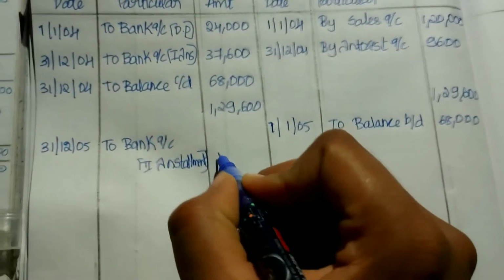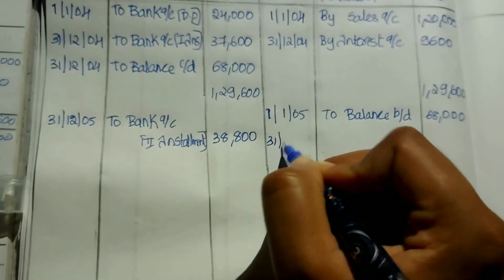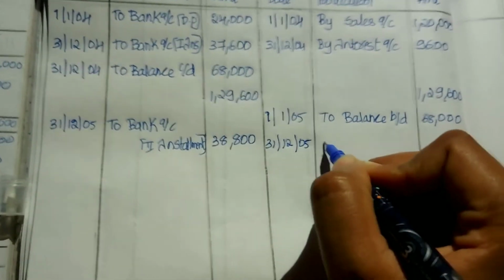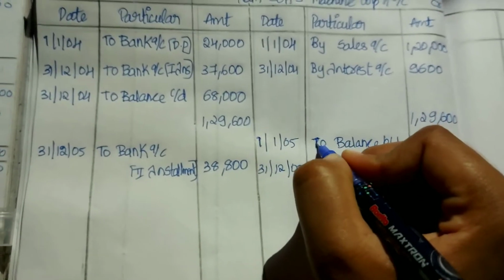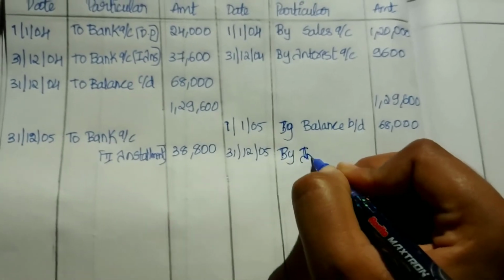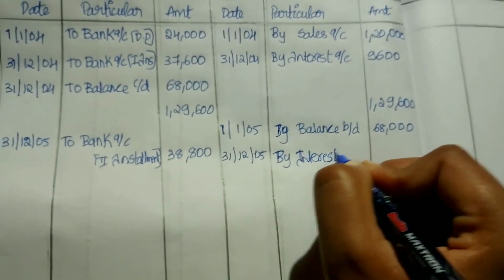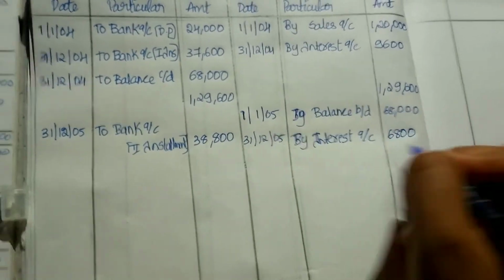So the installment amount was 38,800 and the interest, sorry, by interest account, we'll get 6,800.